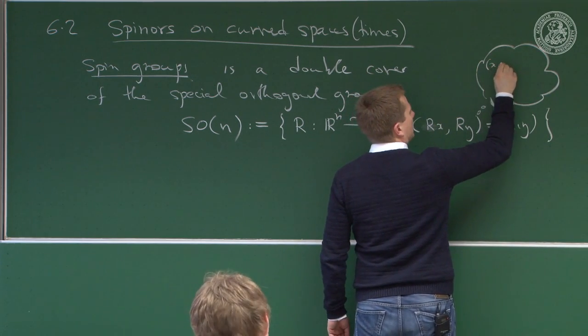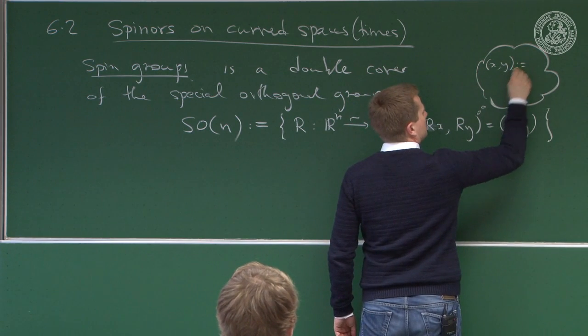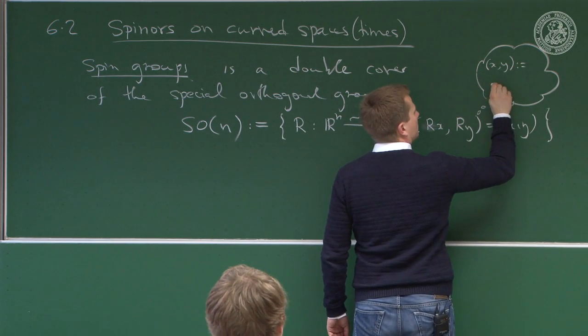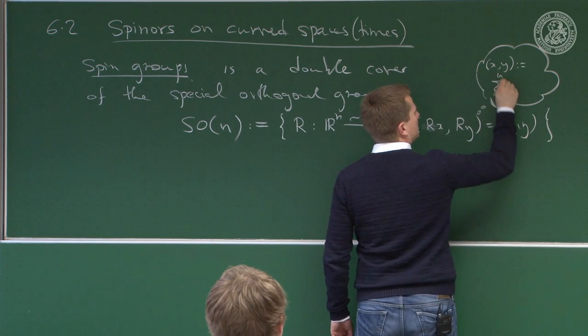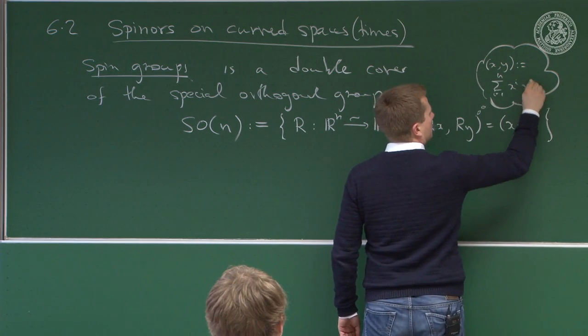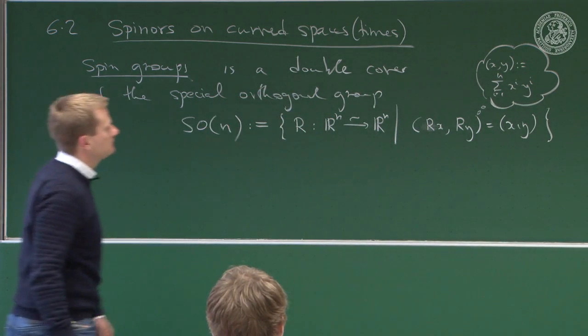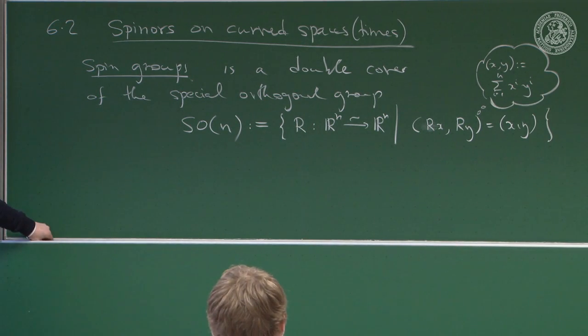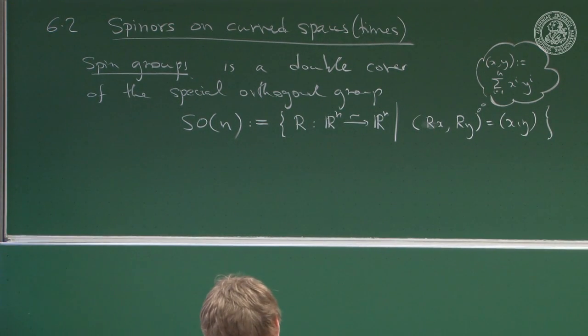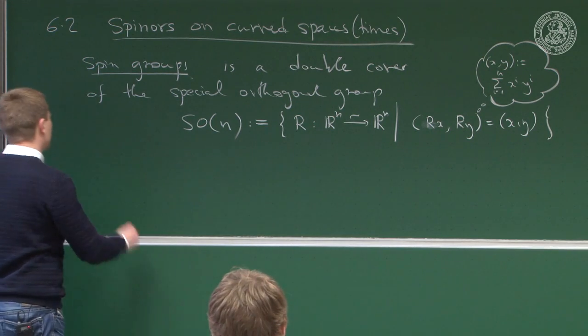So <x, y> is defined as the sum, i equals 1 to n, of x_i y_i. Okay? So the spin group is a double cover of the special orthogonal group.